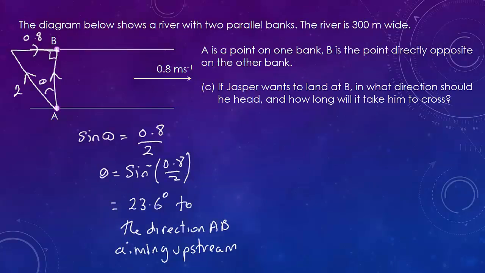Now, let's consider the actual speed that he manages in the direction AB. So that's just the third side of this triangle. We can use Pythagoras. So let's call it V, and it's going to be the square root of 2 squared take away 0.8 squared. So we can calculate that.